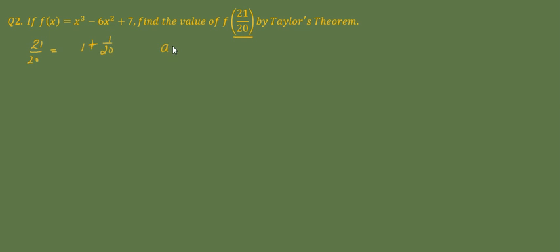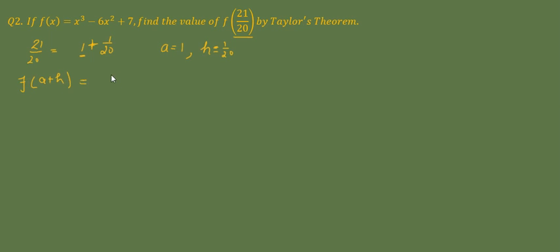So what will be a here? A will be 1 and h will be 1/20. So अब बड़े आराम से टेलर्स एक्सपेंशन अप्लाई कर सकते हैं किसके लिए, f of a plus h.